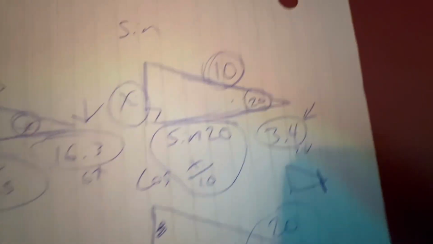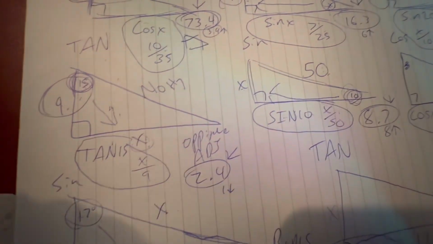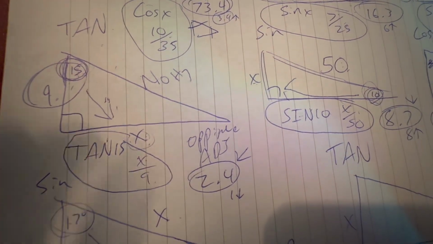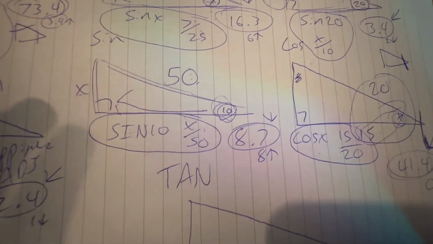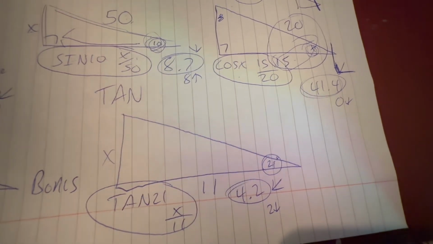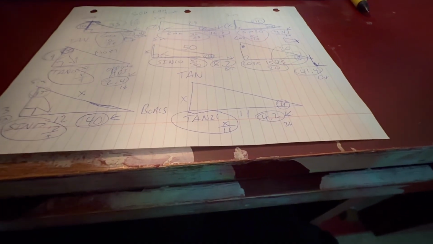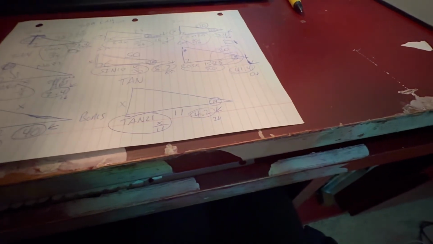Next one's going to be 2.4. Next one, 8.7. Your next one, 41.1. Next one, 40. And next one, 4.2. Now, this may not be as clear, but we're also going to go over how we got these answers, because you might have done the right thing, but you might have gotten mixed up while plugging it in. Okay.